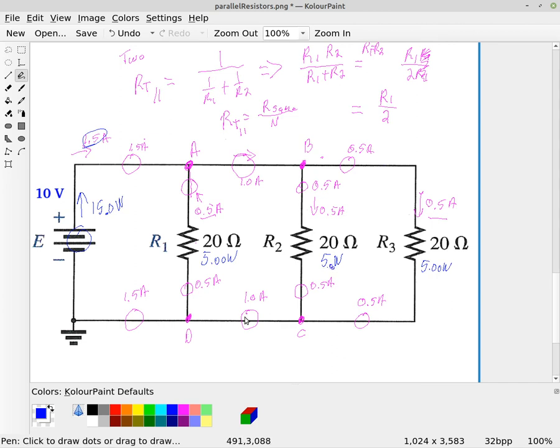Okay. All right, so if you look at the power, the power being supplied is 15 watts. The power being used is 15 watts. So it doesn't matter whether they're in parallel or series. When you are looking for total power in the circuit, it is the supply voltage, we'll call it E for electromotive force, the total electromotive force applied times the current.